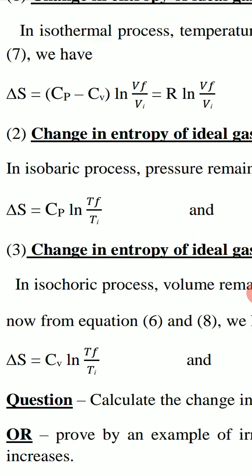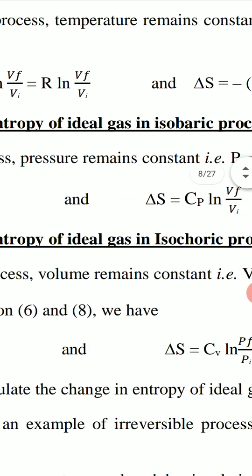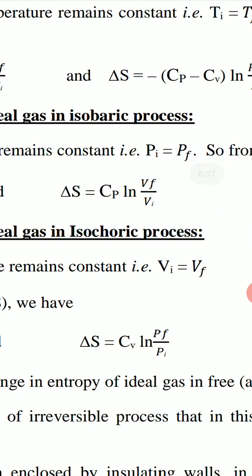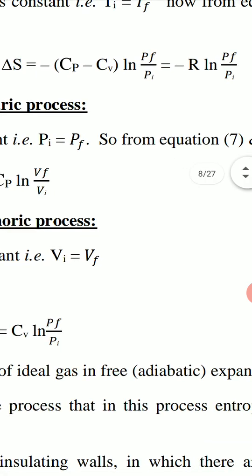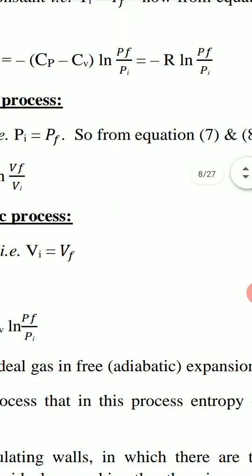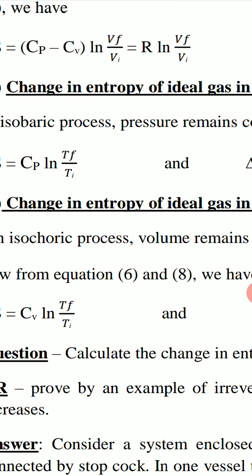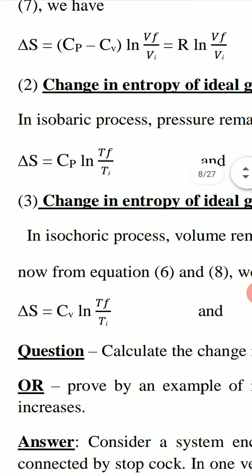Remember this formula. There is another expression also, that is delta S equal to minus R log Pf upon Pi. But in terms of volume, change in entropy is R log Vf upon Vi. It is for 1 mole ideal gas.